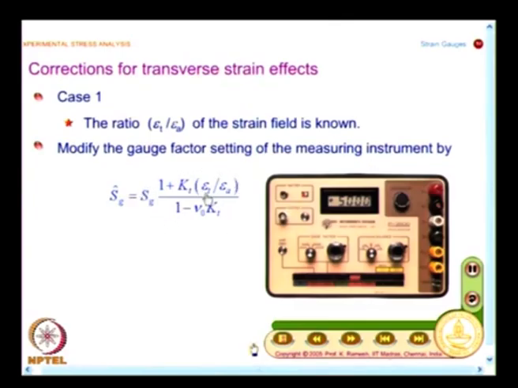If I know epsilon t divided by epsilon a, I know the numerator and the denominator completely, and I simply put this new modified gauge factor in the gauge factor knob. If I am using software, I feed in this new gauge factor. So this is possible if I know the ratio of epsilon t over epsilon a. This is where we stopped in the last class.